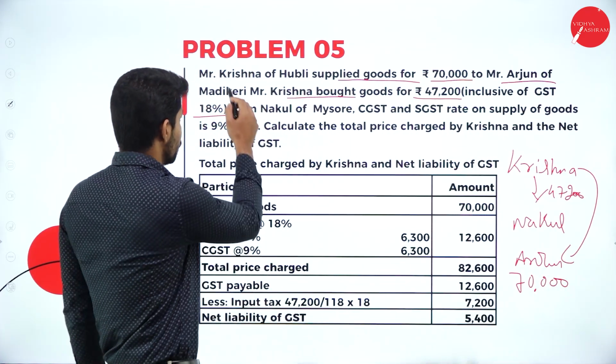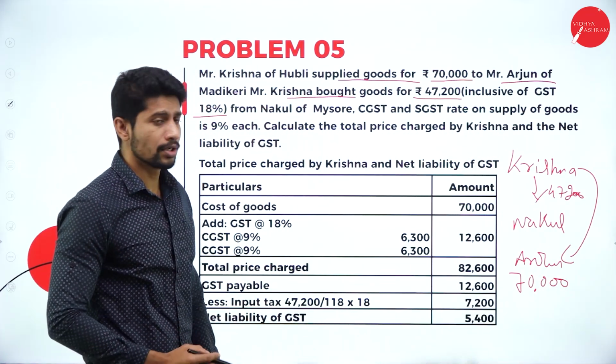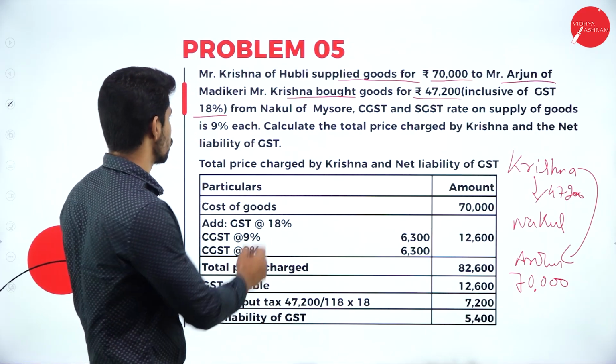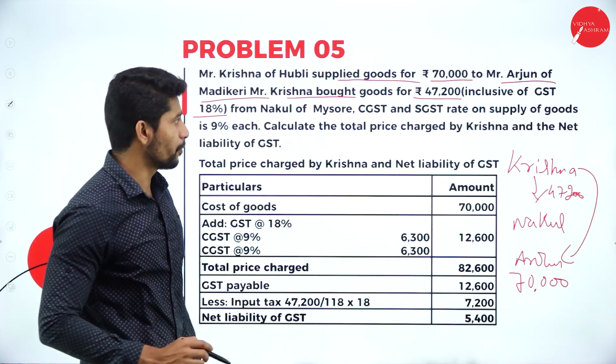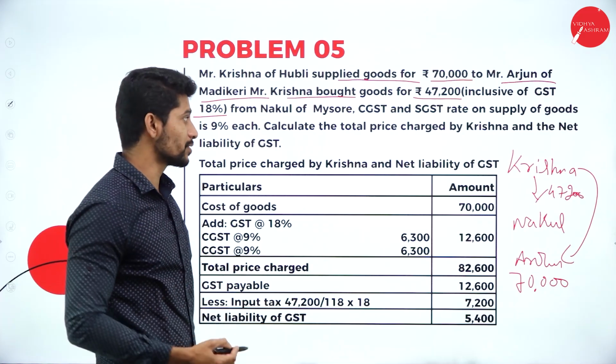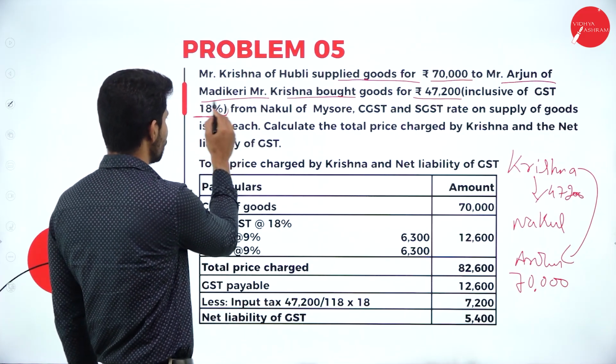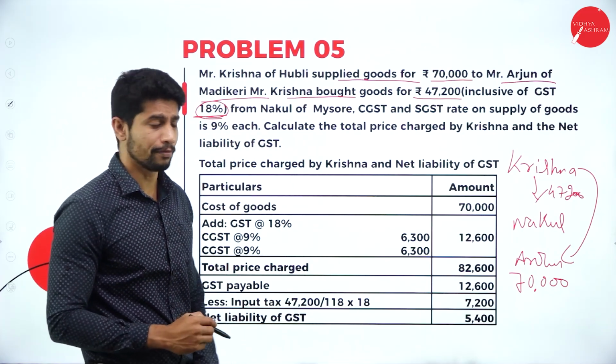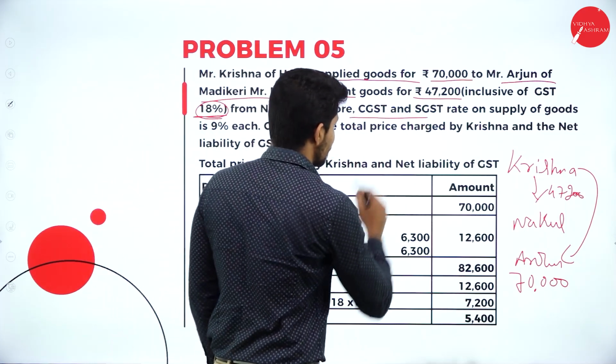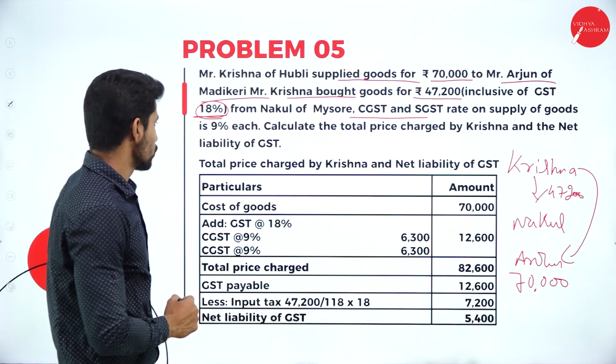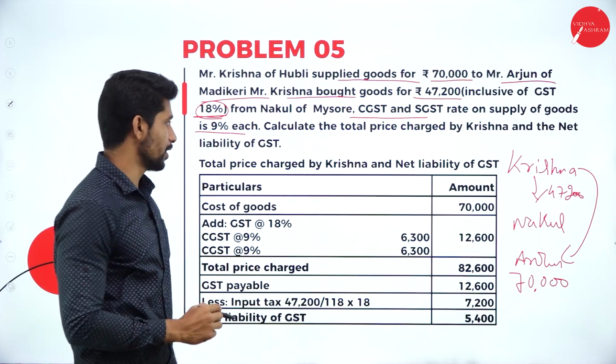So here Mr. Krishna of Hubli supplied goods for rupees 70,000 to Mr. Arjun of Madikeri. Krishna bought goods for rupees 47,200 inclusive of GST of 18% from Mr. Nakul of Mysuru. CGST and SGST rate on supply of goods is 9% each.